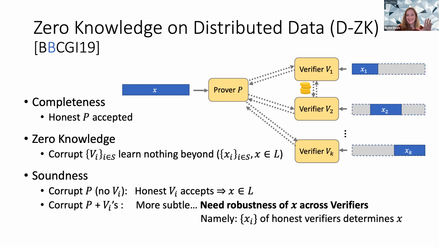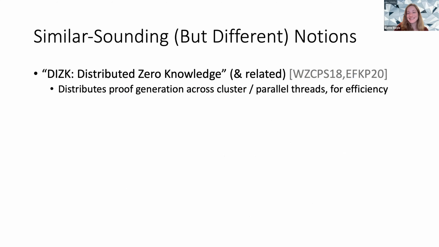Okay, so this is the new notion. I'm going to occasionally refer to this as DZK in my slides. I should mention that distributed things and zero knowledge is a somewhat of a minefield of notations. And we point out two related sounding, at least, but different notions that are out in the literature.